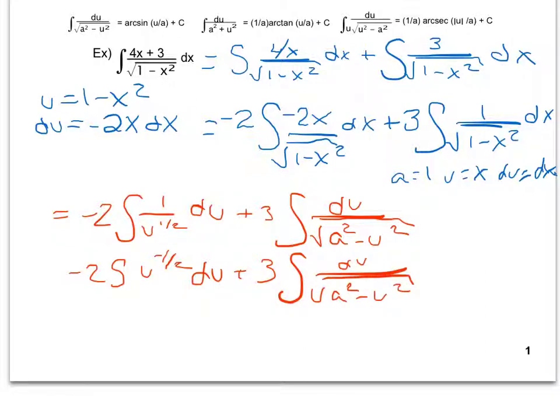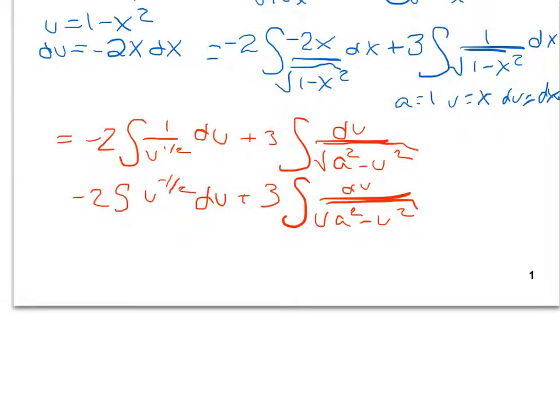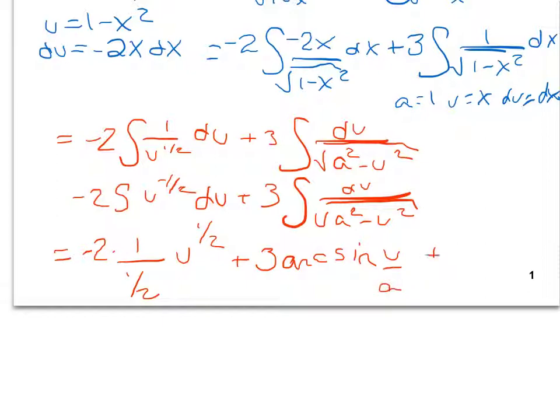Okay, so now if I go ahead and integrate, I end up with negative 2 times 1 over negative 1/2 plus 1, which is 1 over 1/2, u to the negative 1/2 plus 1, plus 3. This becomes arc sine of u over a plus c.